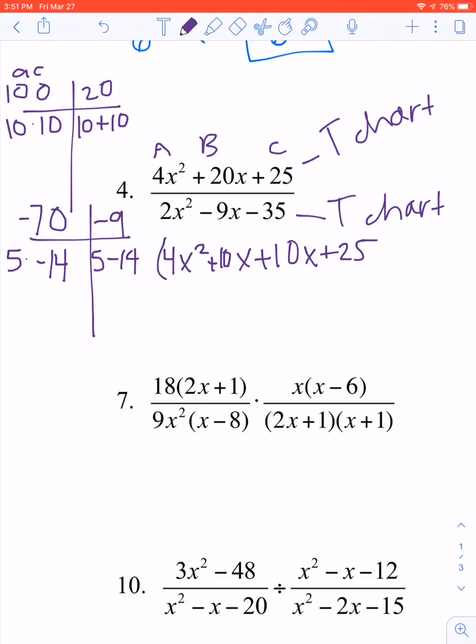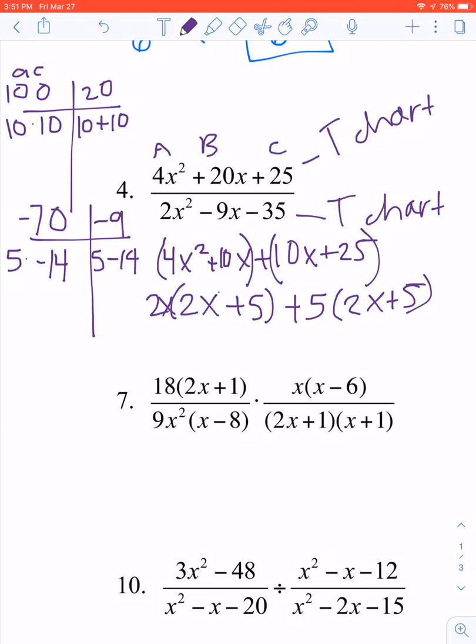Let's just simplify this one. This is our top fraction, and we are going to take out a 2x, and we get 2x plus 5 on the inside. Then in our second one, we're going to take out a 5, and we'll get 2x plus 5. So our top becomes 2x plus 5 and 2x plus 5.